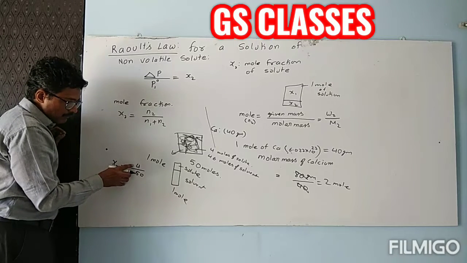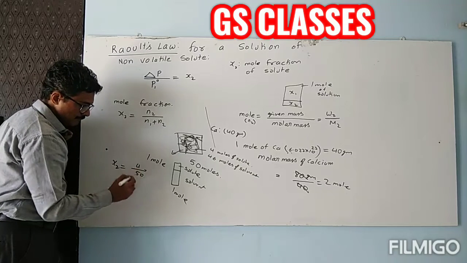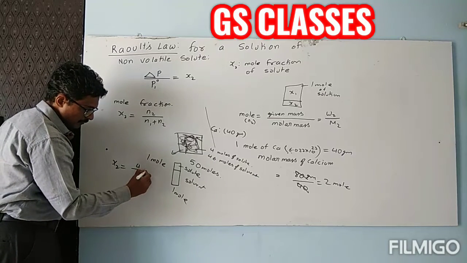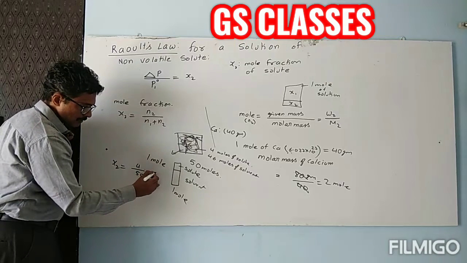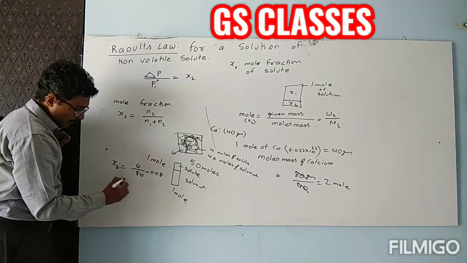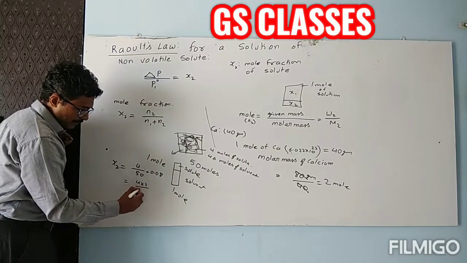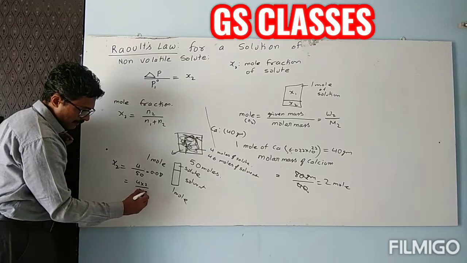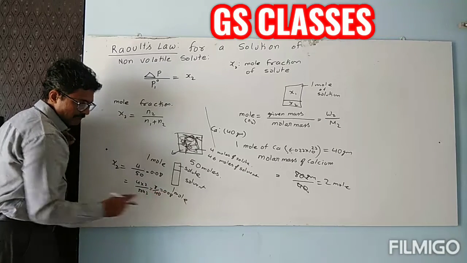Now you have to divide this number, which comes out to be 0.08. How I calculated, I will show you. If I divide numerator and denominator by 2, I am getting 8 by 100. That comes out to 0.08.